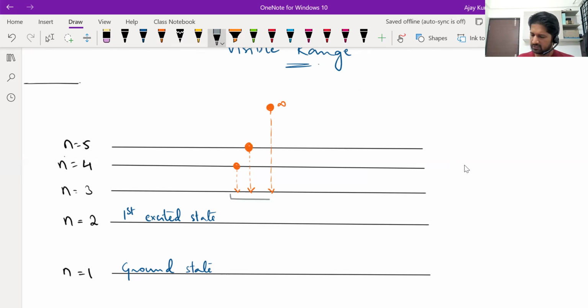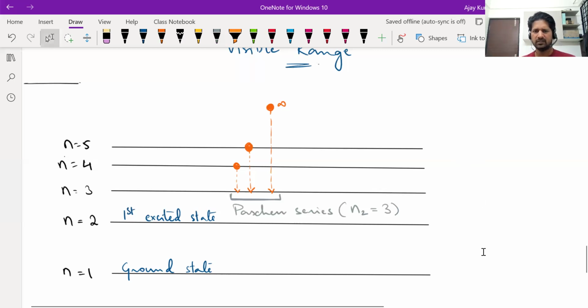This series of wavelengths, what is it called? Lyman, Balmer, what is the third one? Paschen series. And for the Paschen series, the final orbit in which the electron ends up is 3. Initial orbit could be any number greater than 3. It depends on which line they want to ask you about. So the first line corresponds to 4 to 3 and the last line corresponds to infinity to 3.